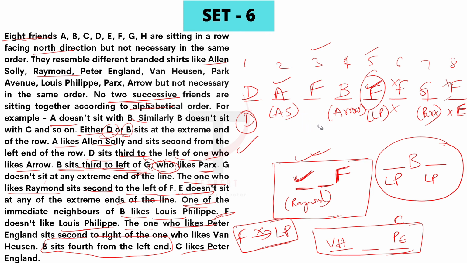So if F is at 3, then this is possible. Space and F, which means this is the guy who takes Raymond. So D likes Raymond, and the second space is for A, and this is F. Alright, so we have taken care of this arrangement.